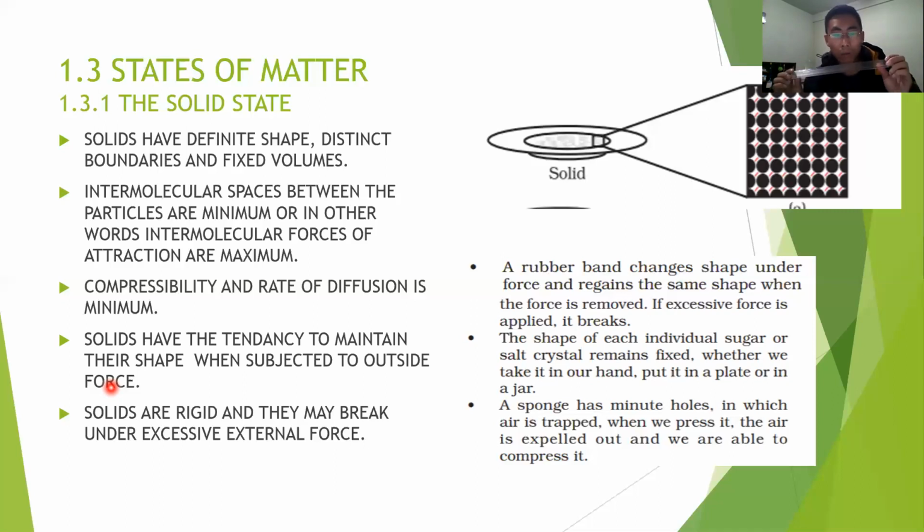What actually happens here is, if it breaks, that means the external force that is applied is more than the intermolecular forces of attraction. Because intermolecular forces of attraction are responsible for keeping the particles together. Now when the external force becomes more than the intermolecular forces, then it breaks.